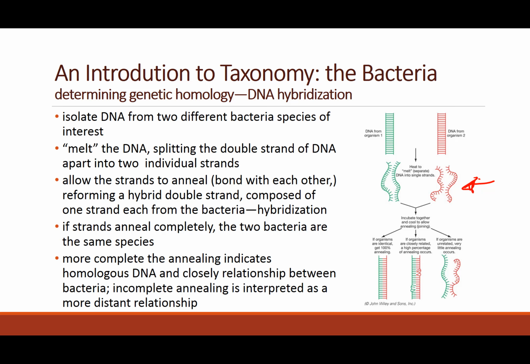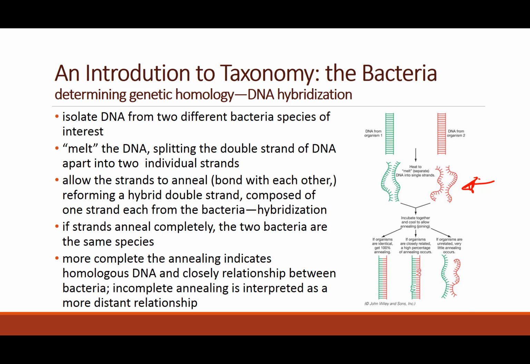They may bond with a partner from their own bacterium, or they may bond with a partner from the second bacterium that you're checking to see if there's a lot of genetic similarity to.